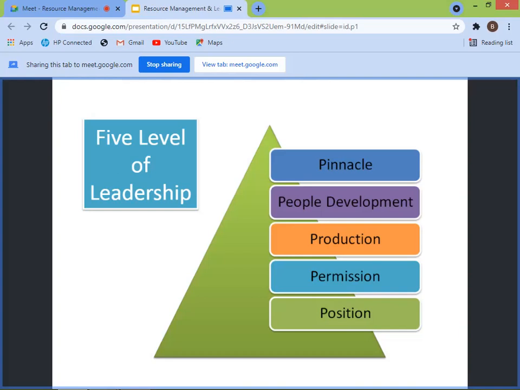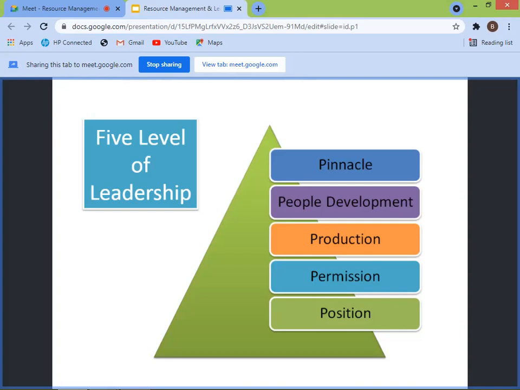Maybe after 1 year, 2 years in the job, you have proven your worth, and the people said, okay, you're okay, we can follow you now. We're giving you permission to lead us. So the two important things: they follow you because they want to, and because they have to. So you're on the second level of the 5 levels of leadership.